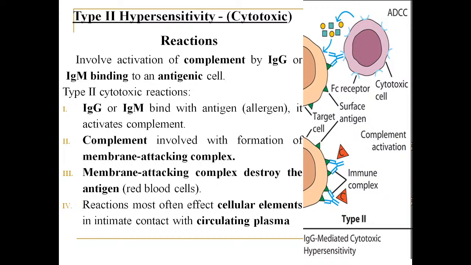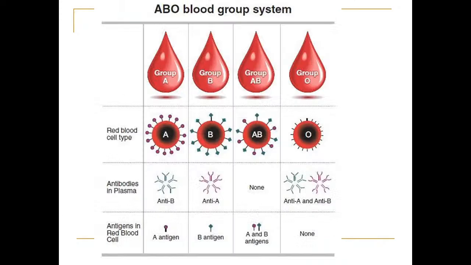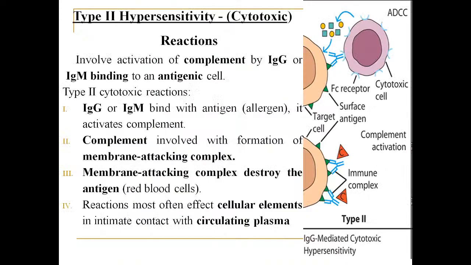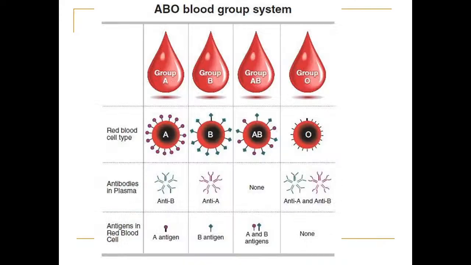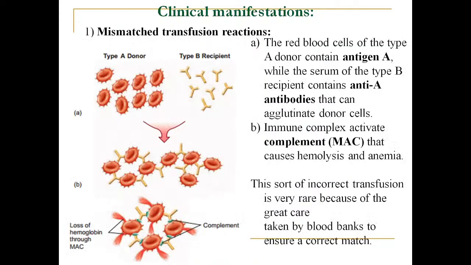In type 2 hypersensitivity, these are cellular components. So reactions most often affect cellular elements in intimate contact with circulating plasma. The most famous manifestations of type 2 hypersensitive reaction are mismatched transfusion reactions.